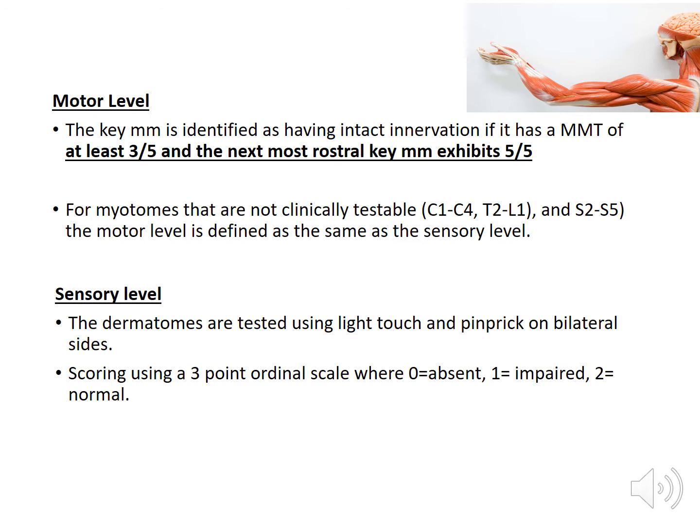So, in order for this patient to be classified as a C5 spinal cord injury, all of the next most rostral key muscles have to be a 5 out of 5. Rostral just means anything above that muscle, meaning anything closest to the face. So the anterior deltoid and the upper trapezius have to show a 5 out of 5 in order for that patient to be classified as a C5 spinal cord injury.